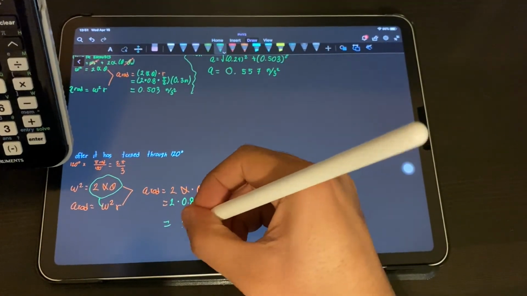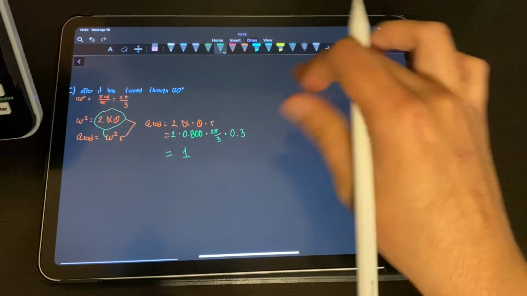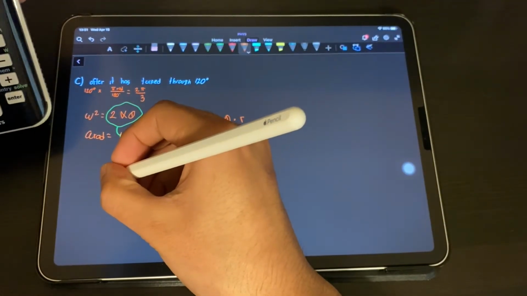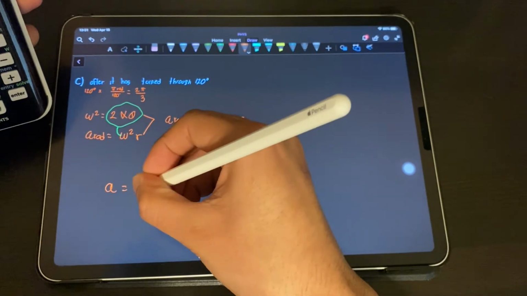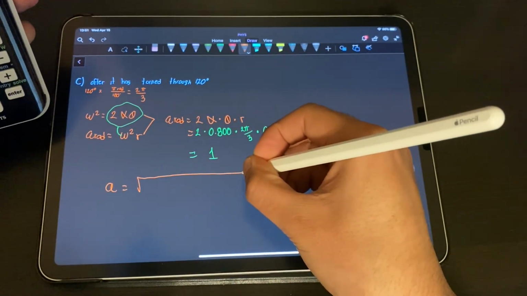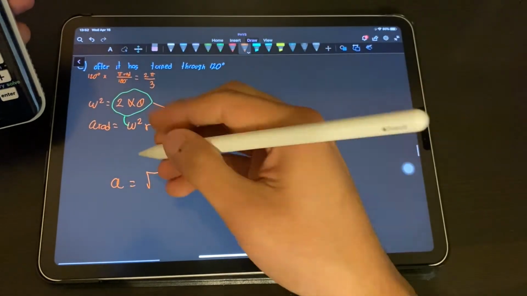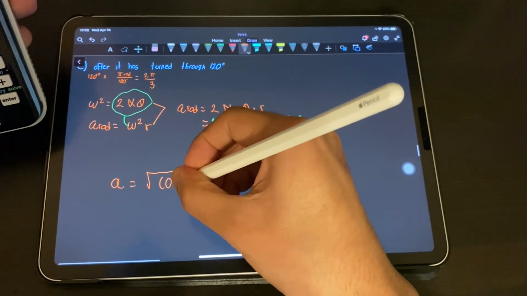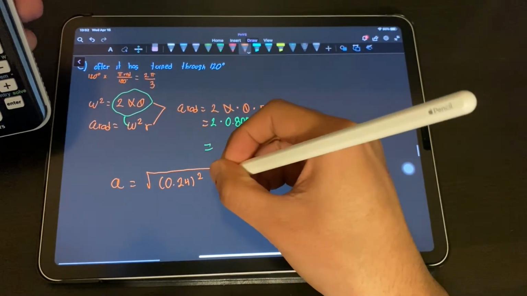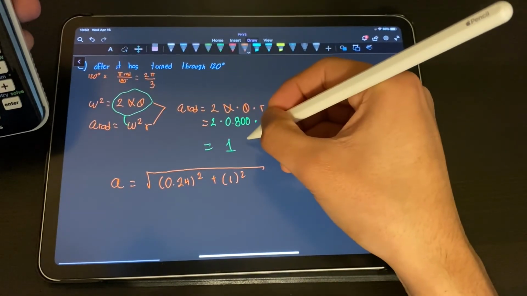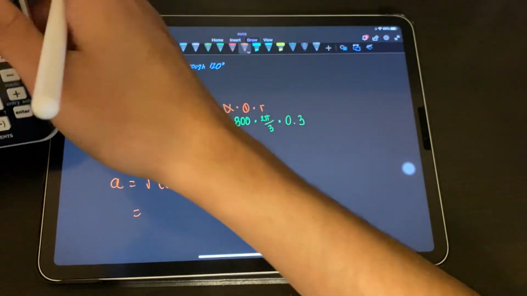We get 1. And now to find the resultant acceleration, like I said before, it's going to be the square root of those two: the tangential acceleration, 0.24 squared, plus 1 squared, which is the radial acceleration in this case.